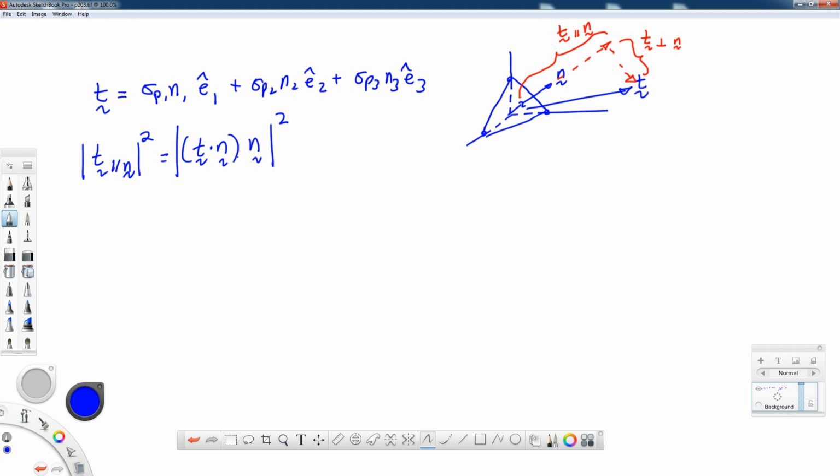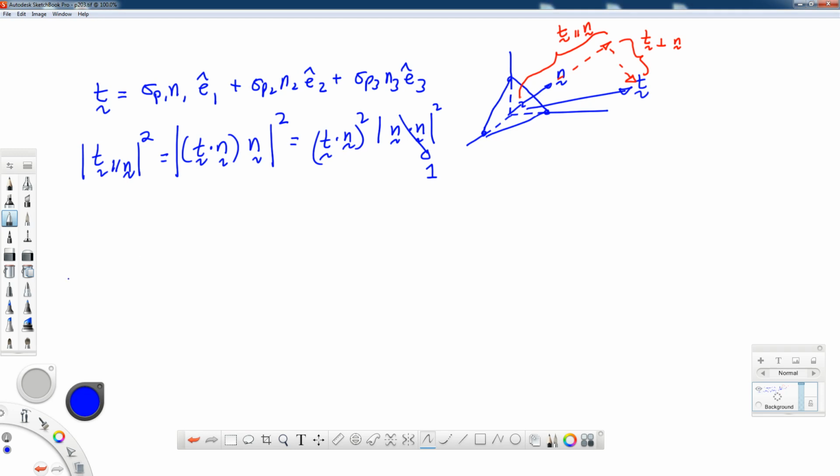Now t dot n is itself a scalar, okay? So we can make this t dot n squared, and then we have the magnitude of n squared, which is n dot n, but n dot n is 1. So what we end up with is the magnitude of t parallel to n squared is equal to t dot n squared.